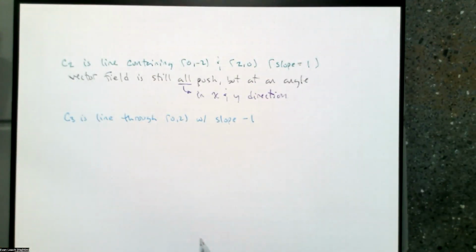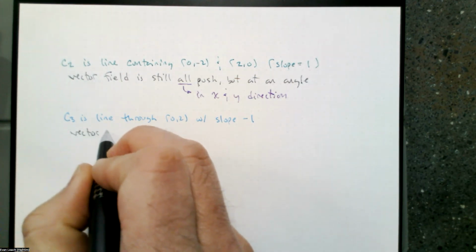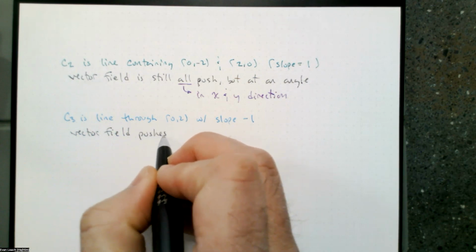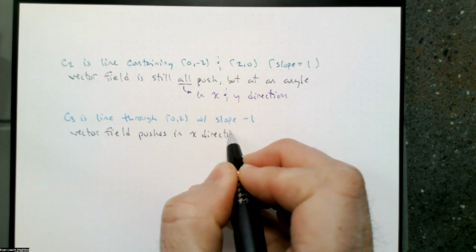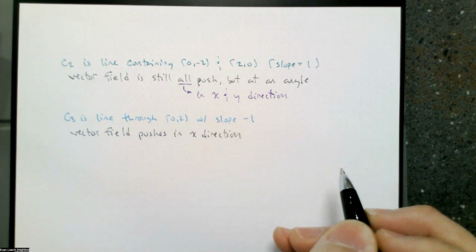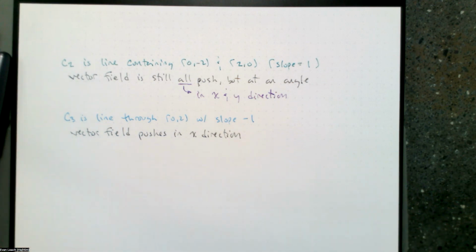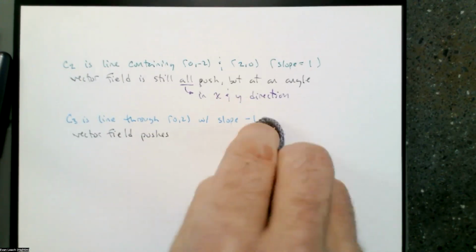So the vector field is pushing in the x direction, but pushes against in the y direction. I forgot push is directional. Yikes.